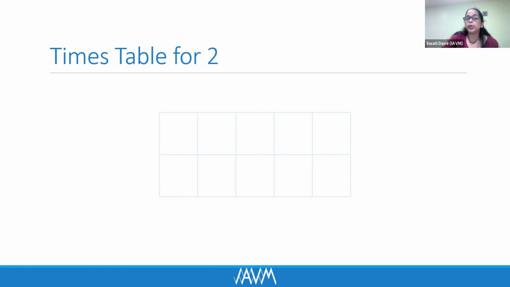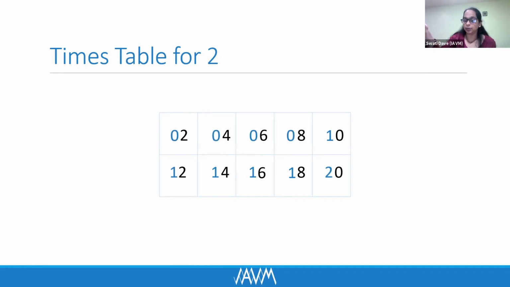So when they're doing the times table for 2, we know that it's nothing but skip counting by 2, right? And all we need to tell them is to write the numbers 2, 4, 6, 8, 0, 2, 4, 6, 8, 0, 1, 1, 1, 1, 2, and you have the times table. Or it's even numbers.